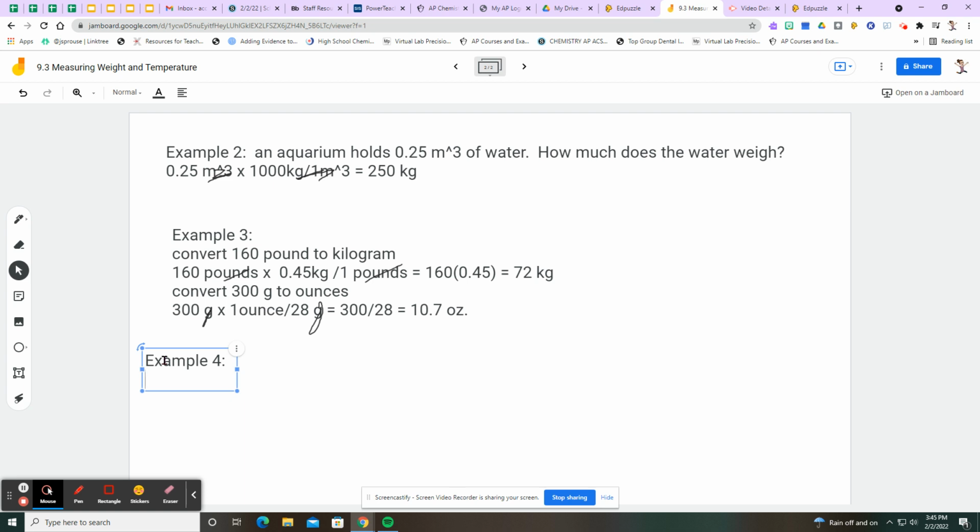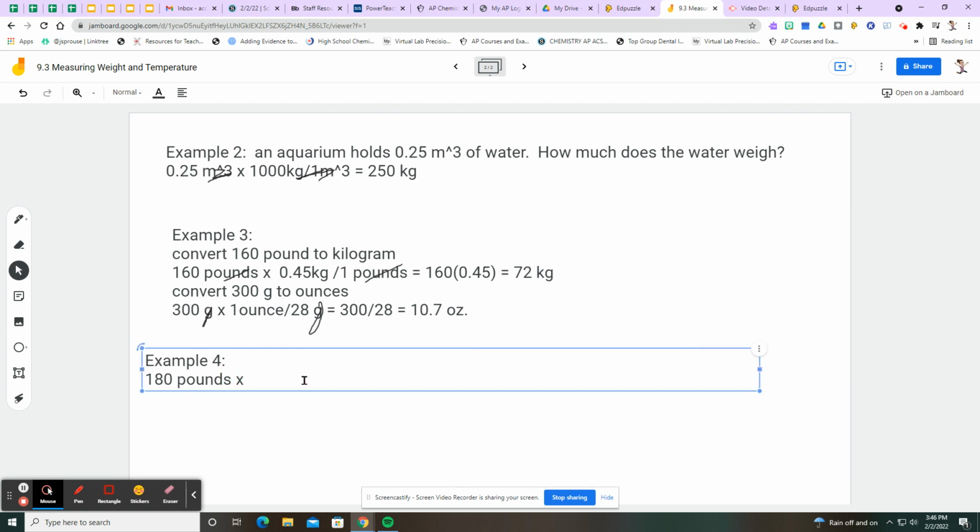How many 400 milligram tablets should be given each day to a patient who weighs 180 pounds? The first thing you're going to need to do is convert the 180 pounds to kilograms. So let's do that first.